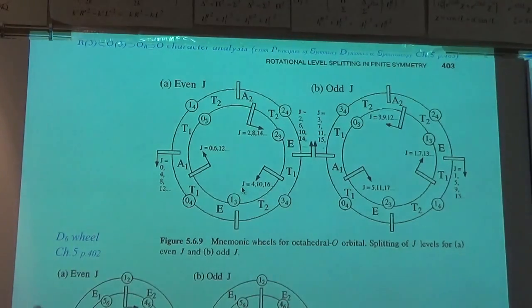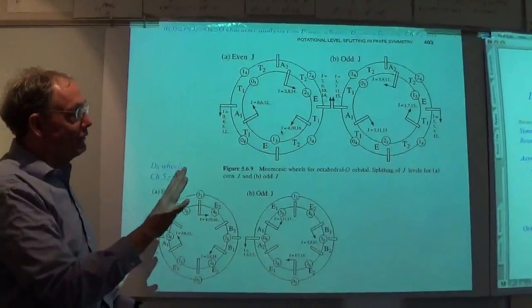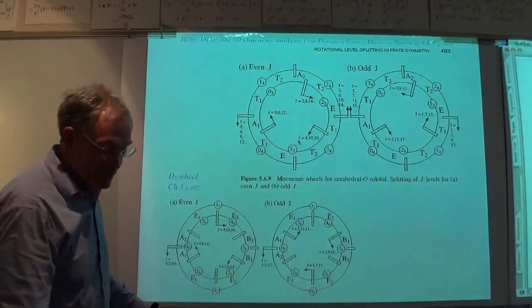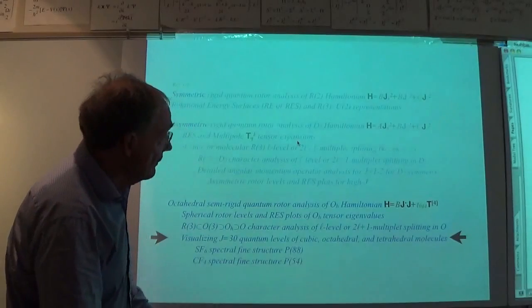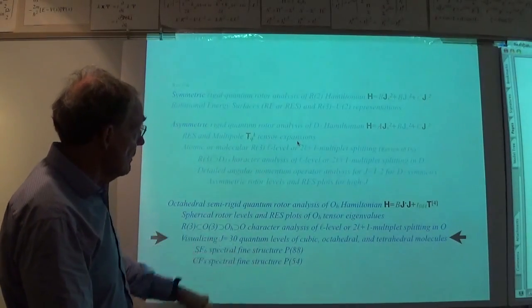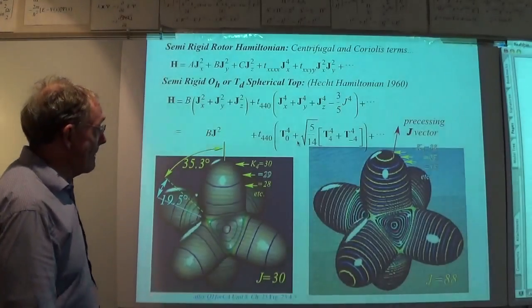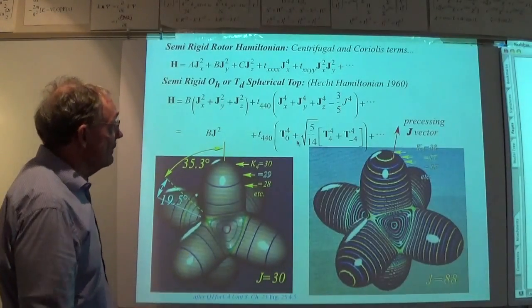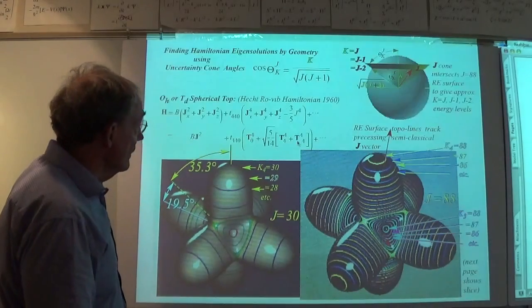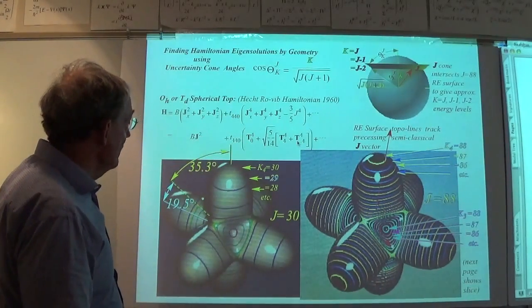So this is band theory, this is cluster theory. They're sort of the same physically, except that the latter is a lot easier to play with because angular momentum, total angular momentum, is really a good quantum number. So let's look at J equals 30 fairly closely. Okay, angular momentum cones and all that are going to be placed.